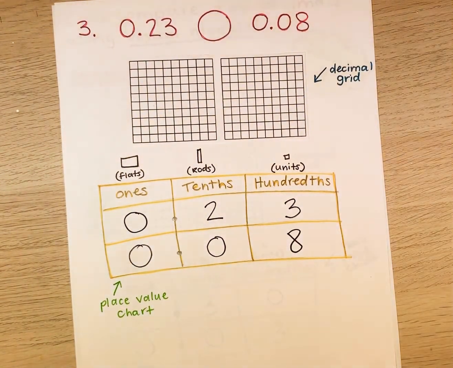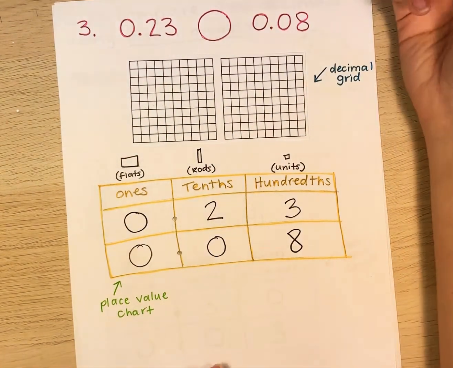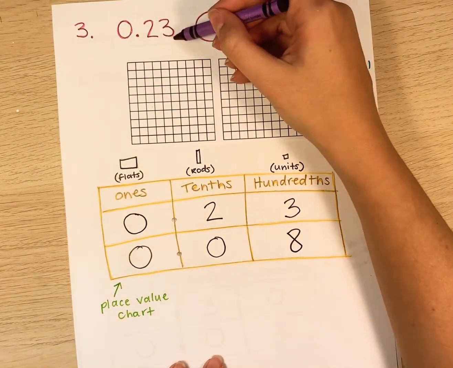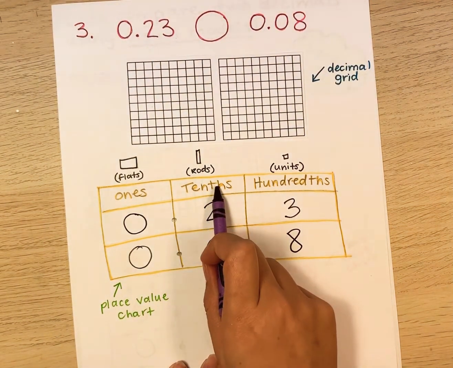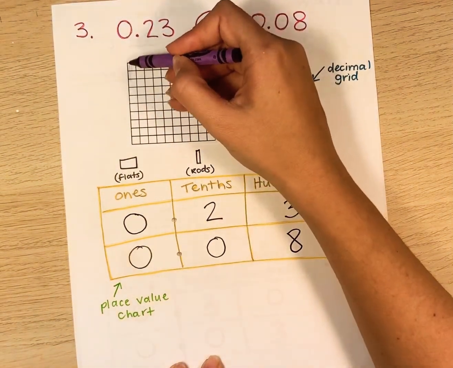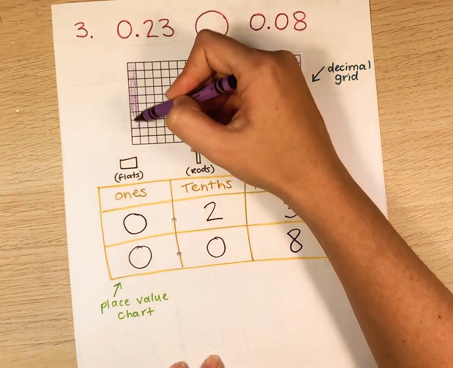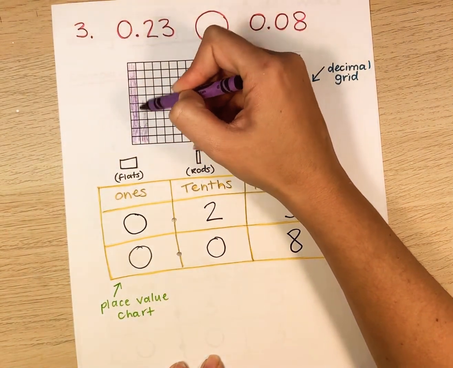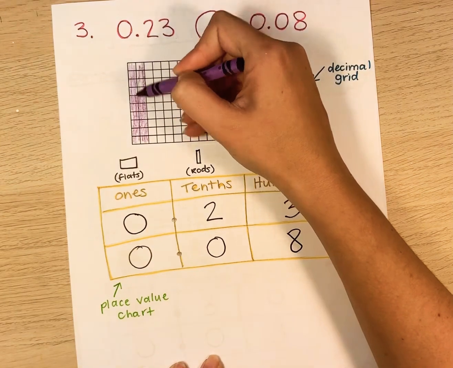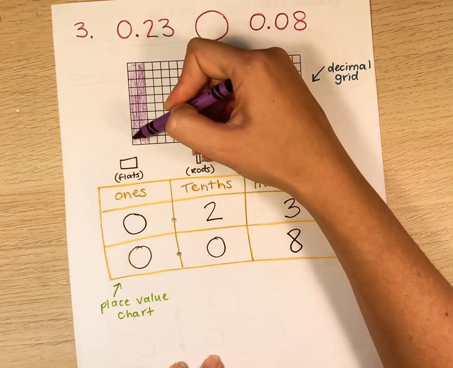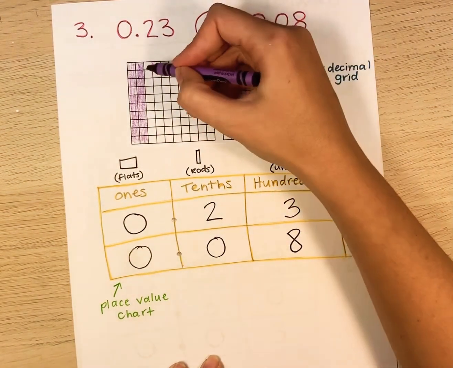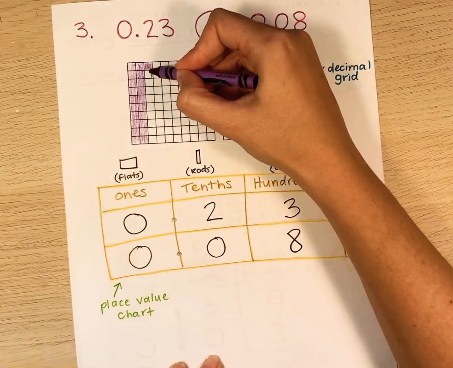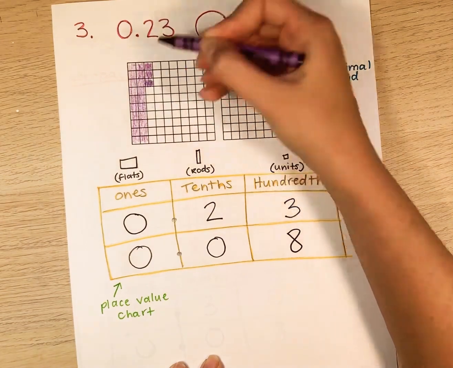Now we need to model these decimals in the decimal grid. So for 23 hundredths, I see that I have 2 tenths, which means I need 2 rods. 1, 2. But I also still have 3 hundredths, which means I need to include 3 units. 1, 2, 3.